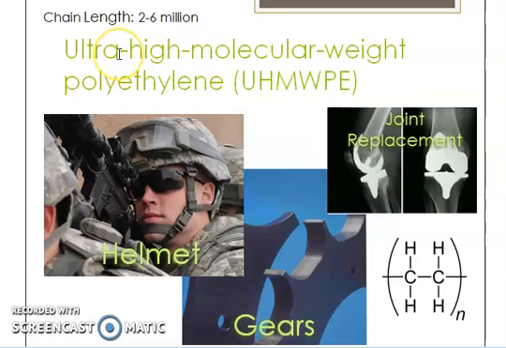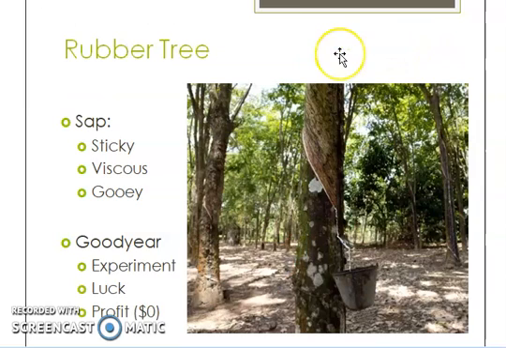This is an extra class of polythenes which have chain length of 2 to 6 million. It is used in joint replacement, gears, helmets, etc. It is stronger than low density and high density polythene. That's why it is used in making helmets, gears, or joint replacements.